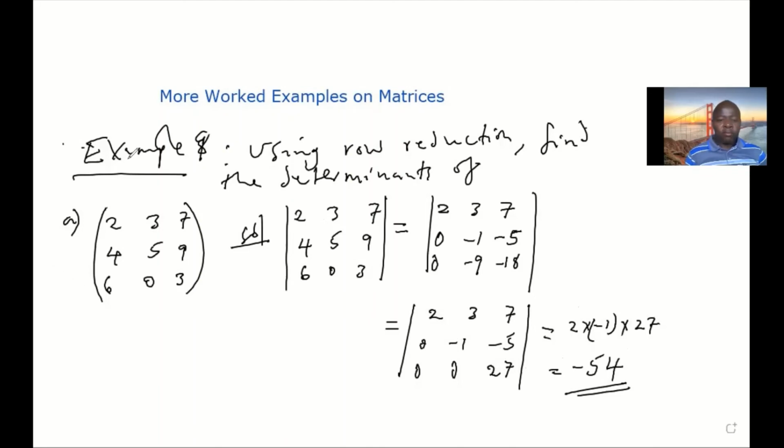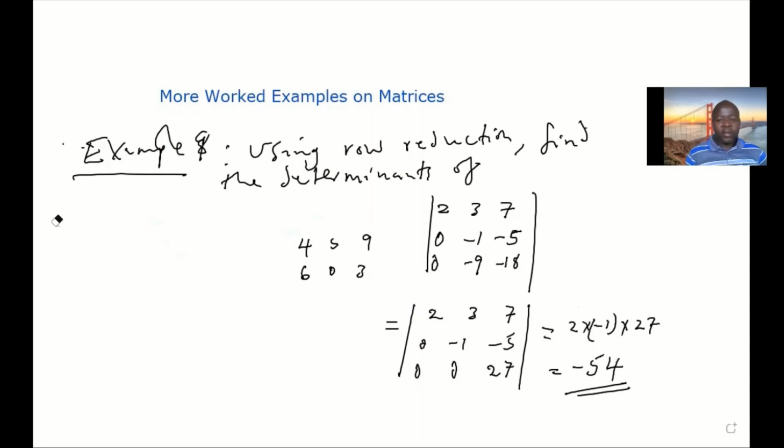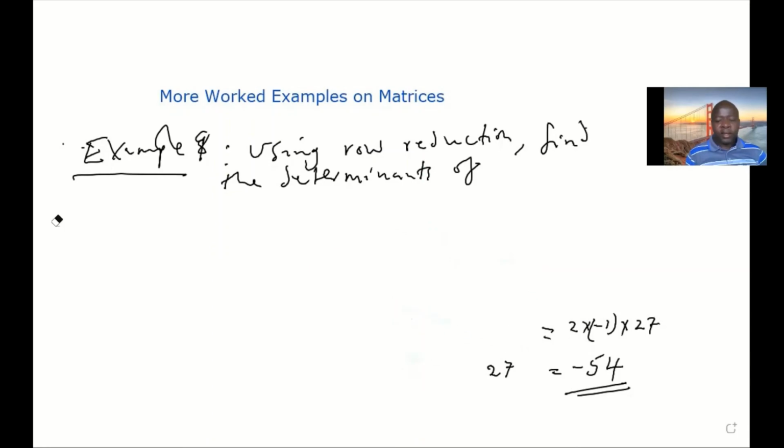Let's look at part B of example 8. That one I'll just leave as an exercise for you to do, and then of course give you the answer. But I want you to use row reduction.